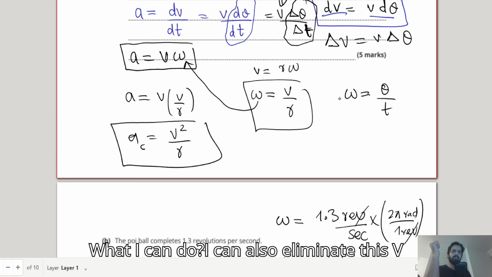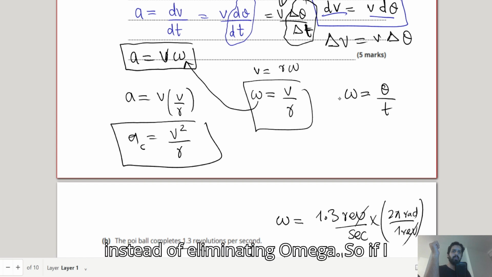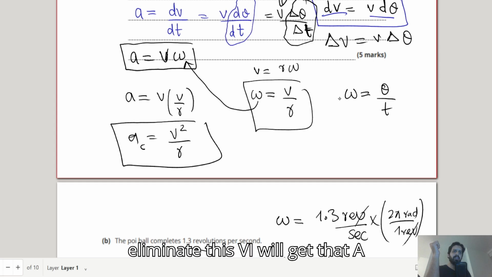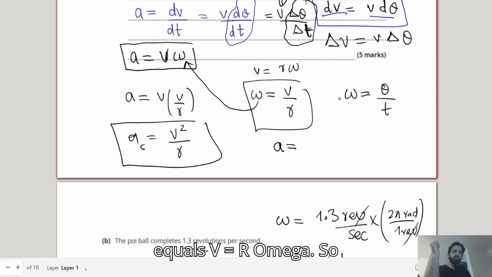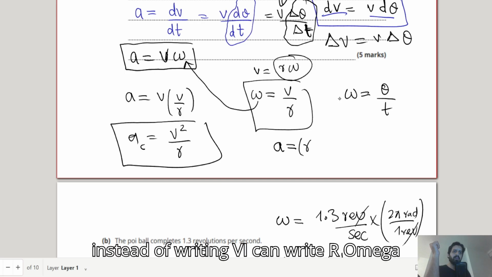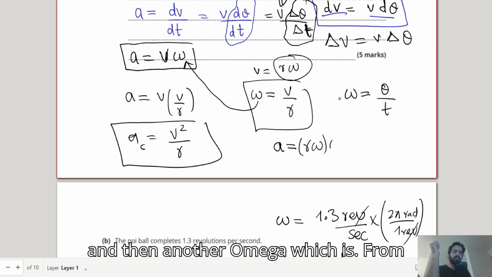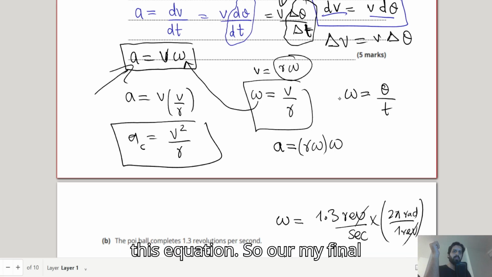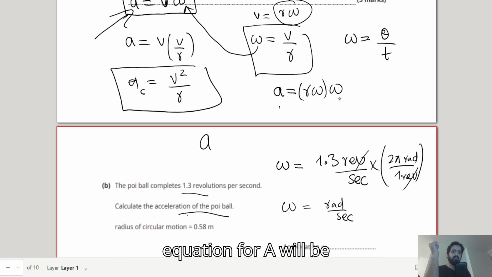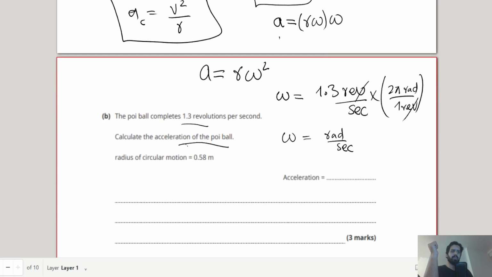What I can do, I can also eliminate this V instead of eliminating omega. So if I eliminate this V, I will get that V equals R omega. So instead of writing V, I can write R omega, and then another omega, which is from this equation. So my final equation for A will be R omega squared, right?